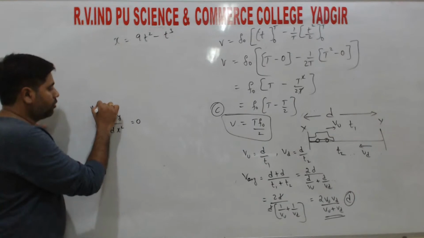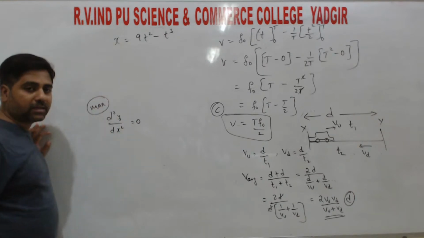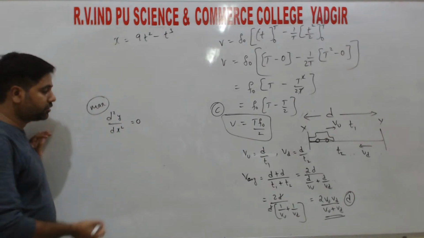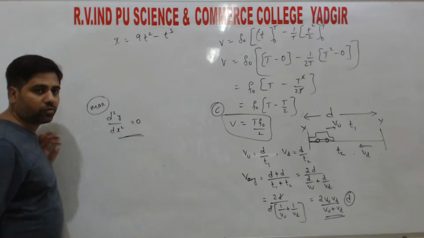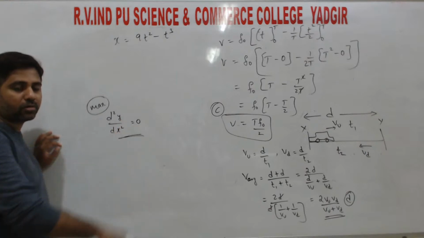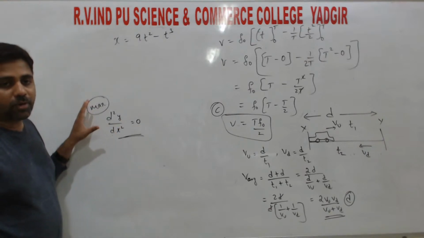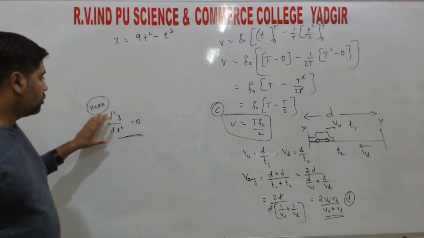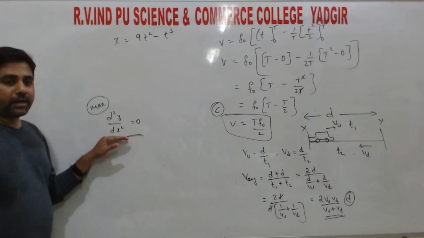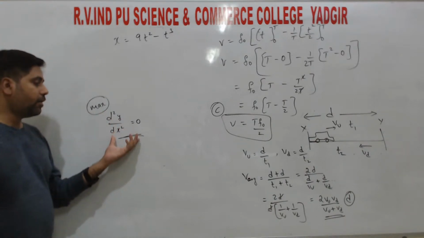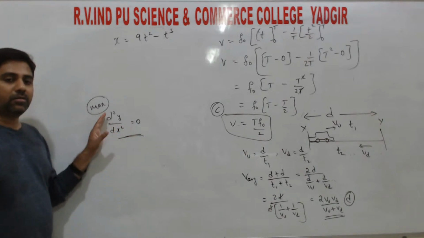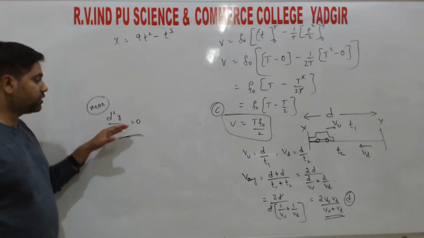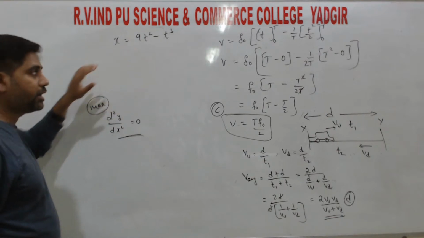To find the maximum and minimum condition in mathematics, we have the relation d square y by dx square equal to 0. So when this is 0, whatever value we get gives the maximum. So this is the condition to find the maximum or minimum. If we get positive, it is minima, if negative, it is maxima. We discuss this in maths, right? So the same we are applying here also, right?